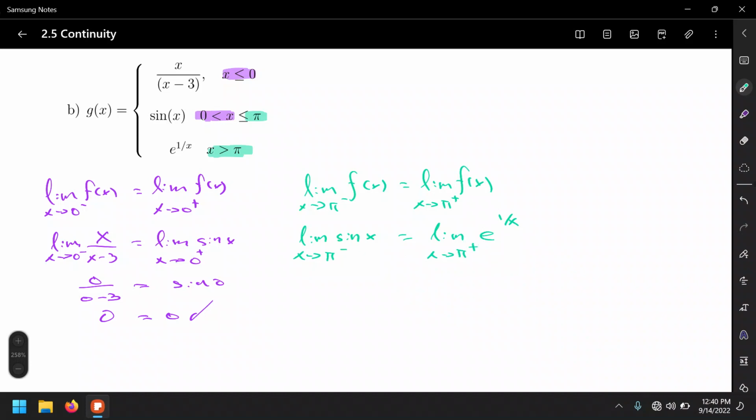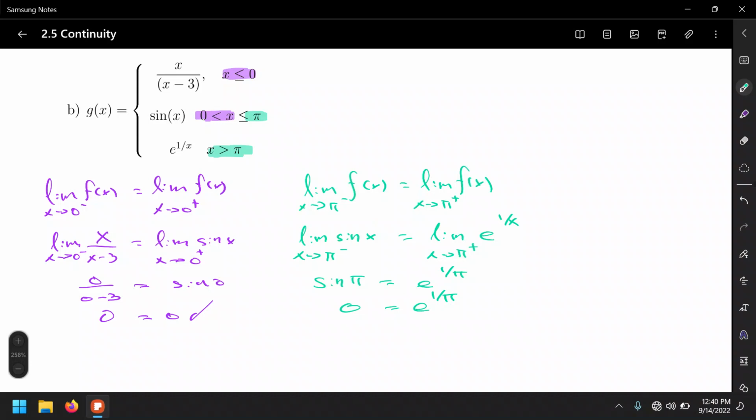Well, what is sine of pi again? 0. What is e to the 1 over pi? Well, whatever that is, we don't care. What we care is whether we have an agreement on both of these limits. Do we have it? Is it continuous at x equals pi then? Is it continuous at x equals 0?